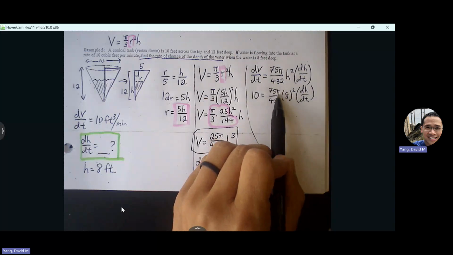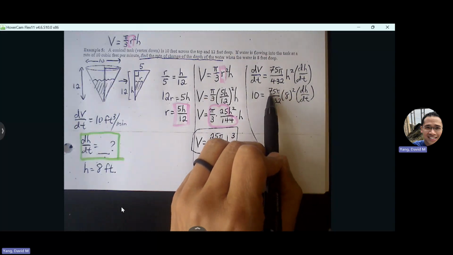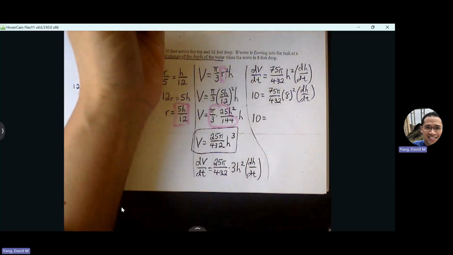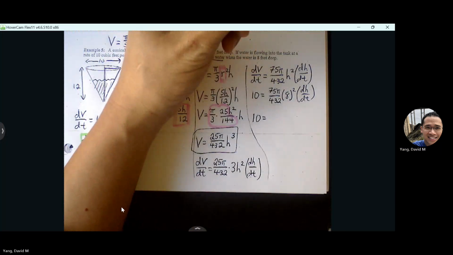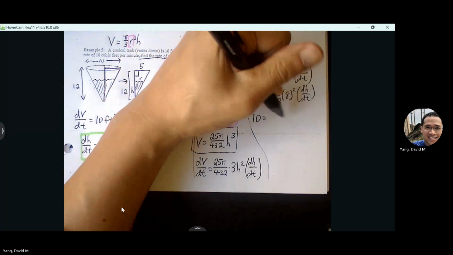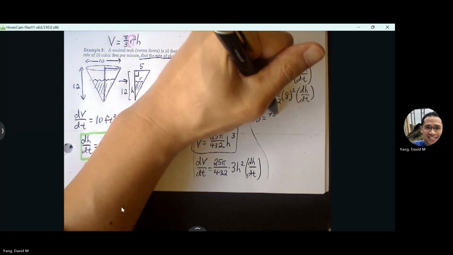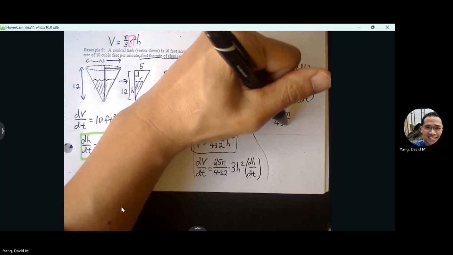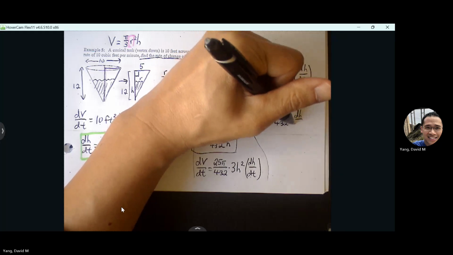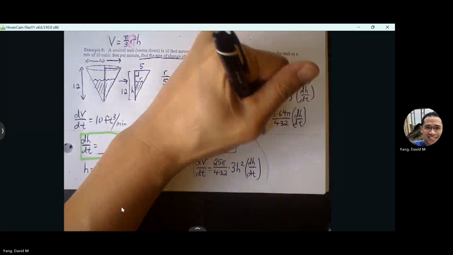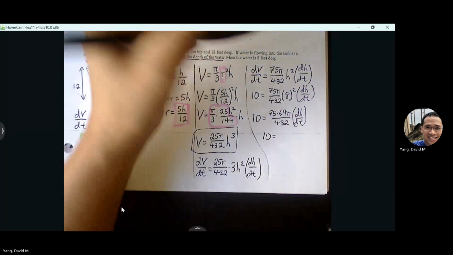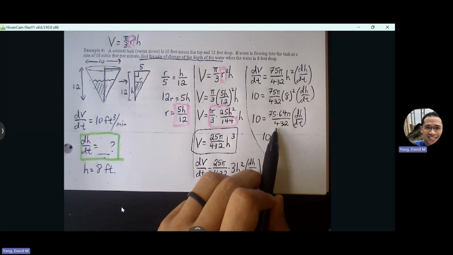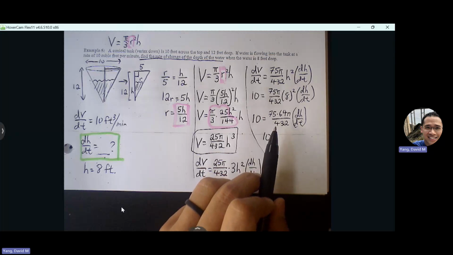Don't leave pi out of the calculator, just have it sit there in the numerator. So 75 times 64 all over 432. Make the calculator convert it to a fraction if possible.